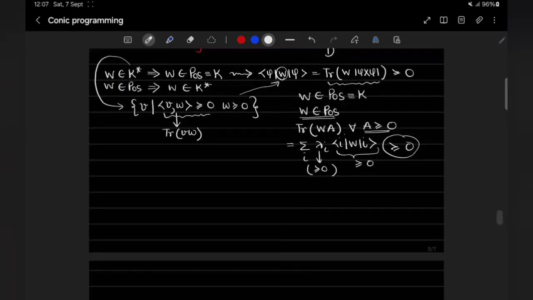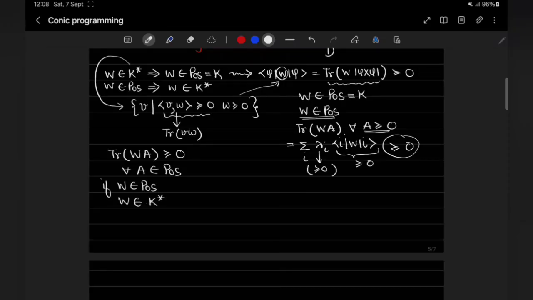So let's write it down. Trace WA is greater than or equal to 0 for all A belonging to positive semi-definite operators. If W belongs to the positive semi-definite operators, this means W also belongs to the dual space, the K star space.